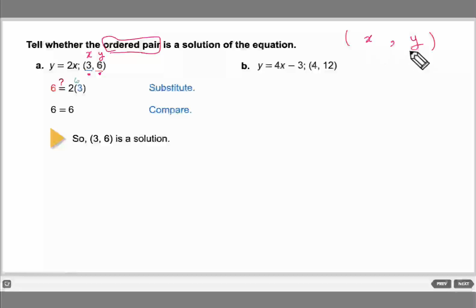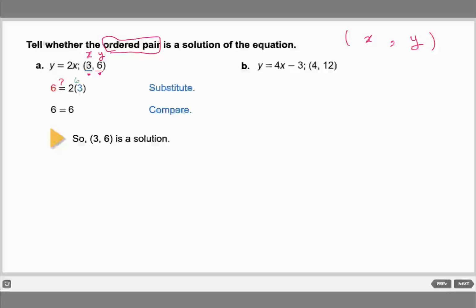Pair means two. And ordered because it's in the same order all the time. x, then y. So the first one is x. And the second is y. Okay. So, what is x? 4. Exactly, 4. And y is 12.